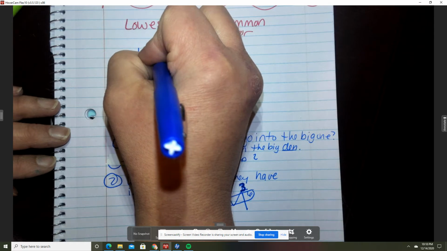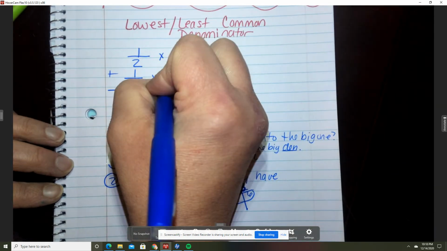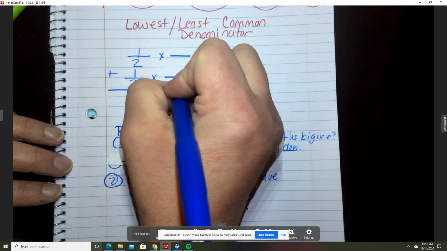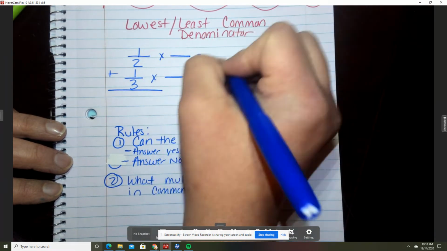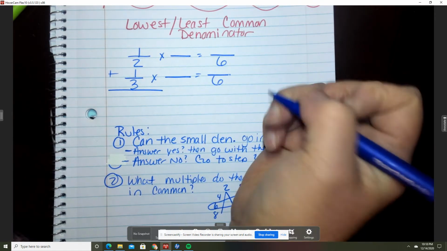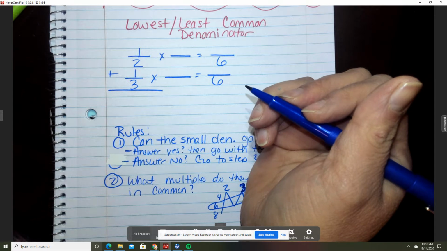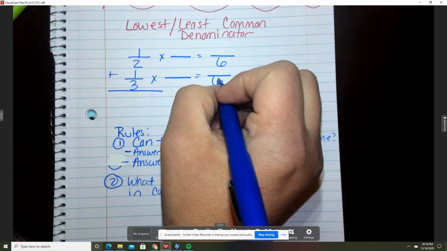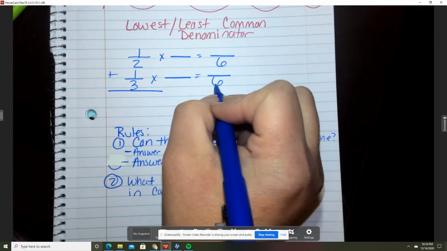So I'm going to set up my problem. I know that 6 is going to be my denominator. So that's my new denominator, 6. But what did I do to the 3 to get to 6?